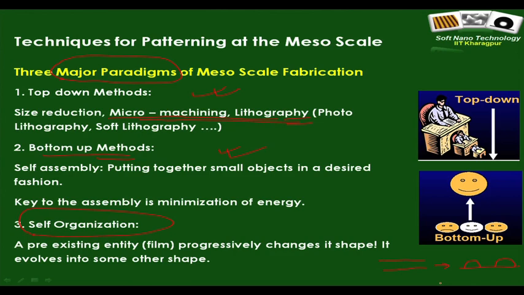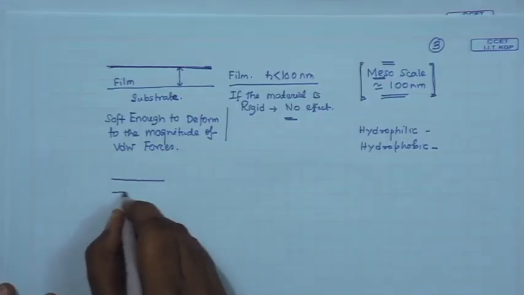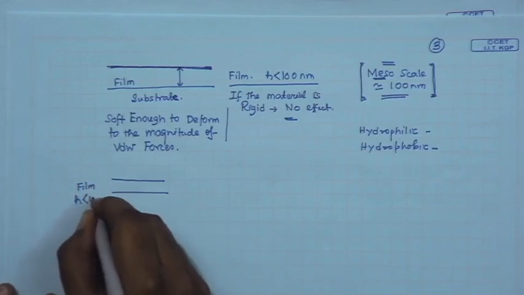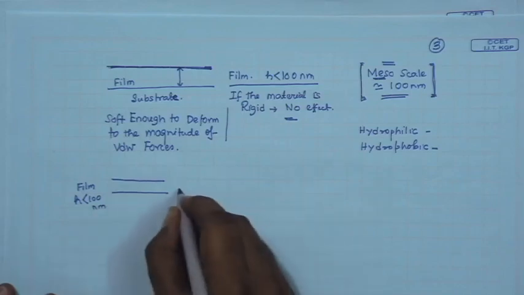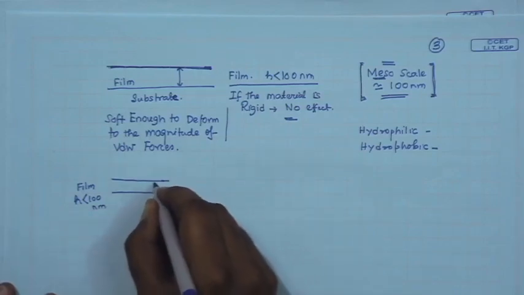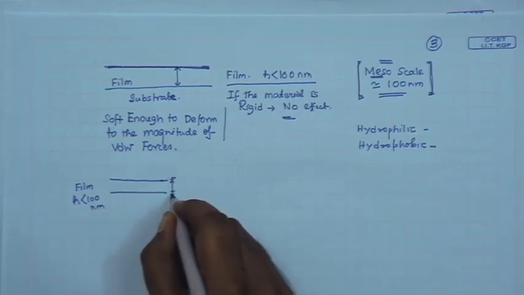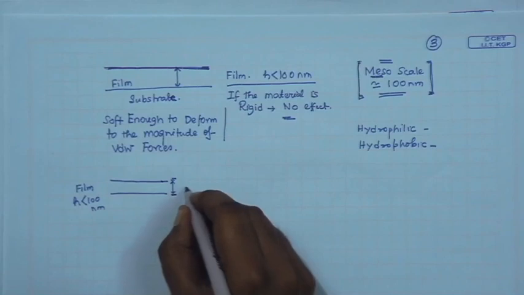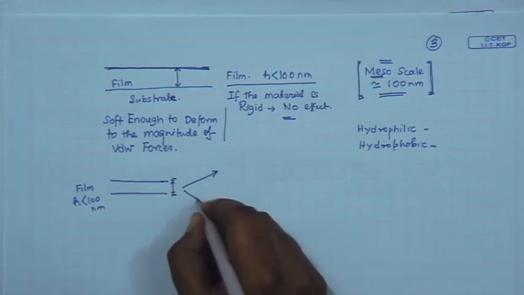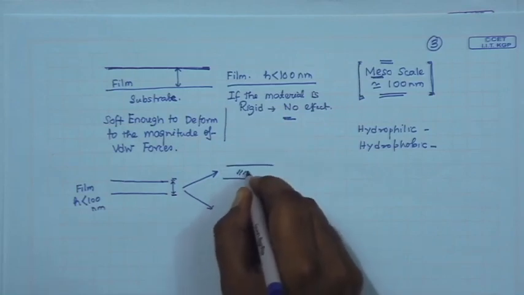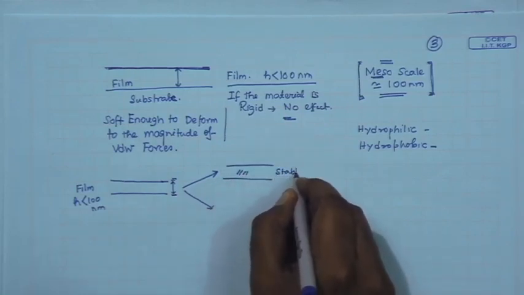So, if we can quickly recapitulate what we argued. We argued that if you take a film which is thin, there is a possibility that there might be active interfacial van der Waals interaction between the two interfaces, right, and depending on the nature of this interaction, the film might remain stable, nothing happens to it, which is great.